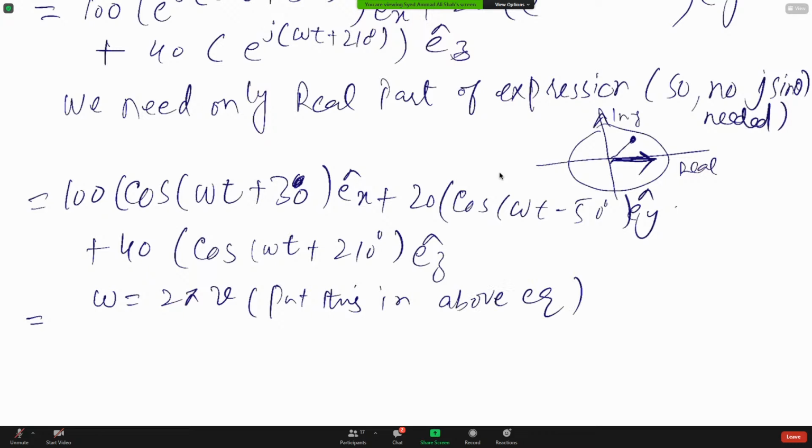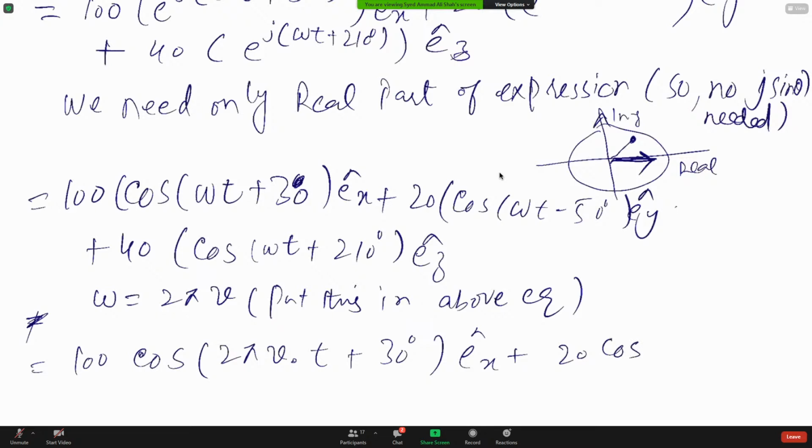What will happen? 100 cos 2 pi nu t plus 30 degrees Ex plus 20 cos 2 pi nu t minus 50 degrees, and you can write the third part.